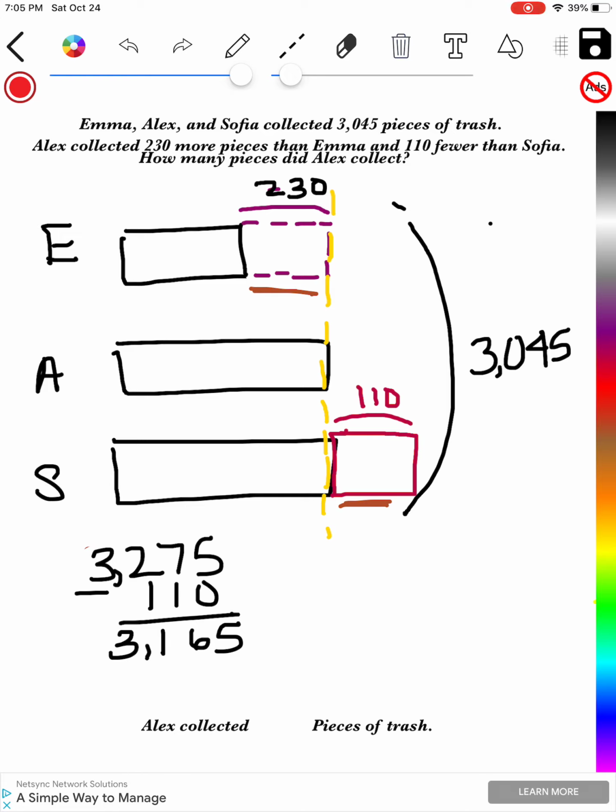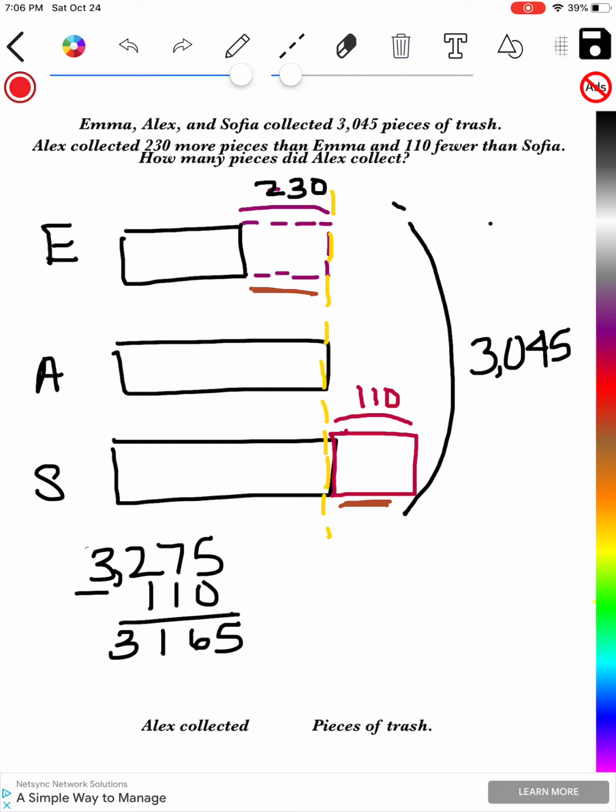And in order to figure out how much that unit is, that same amount that they all should have collected after our adjustments, I need to divide by 3. I'm dividing by 3 because I'm dividing by Emma, Alex, and Sophia.